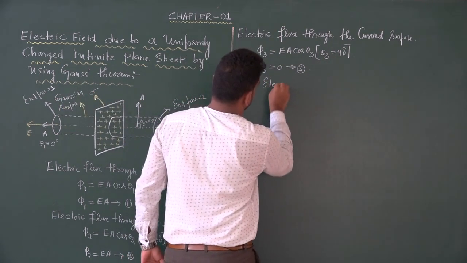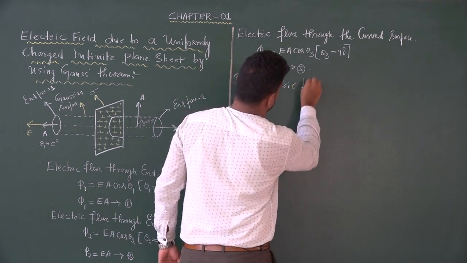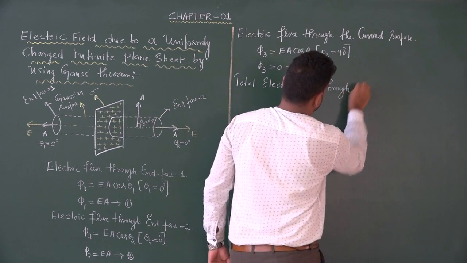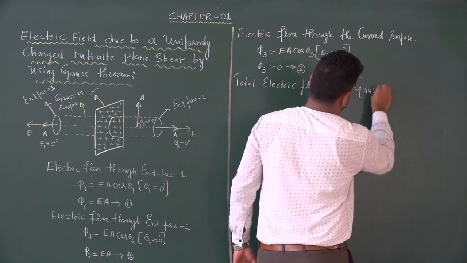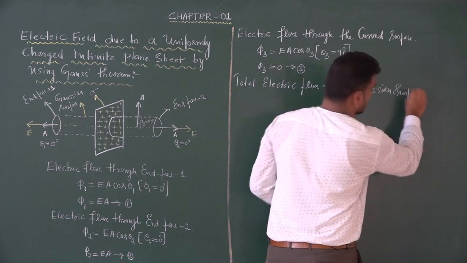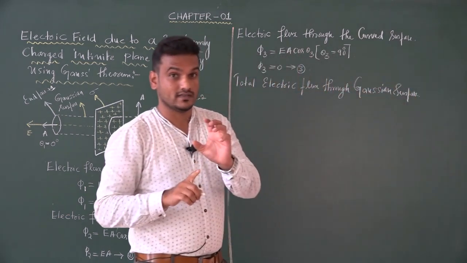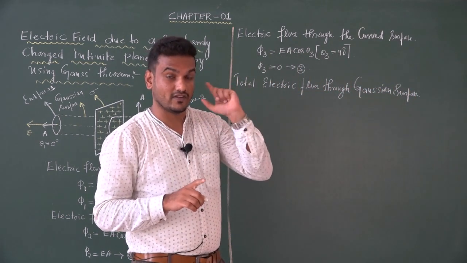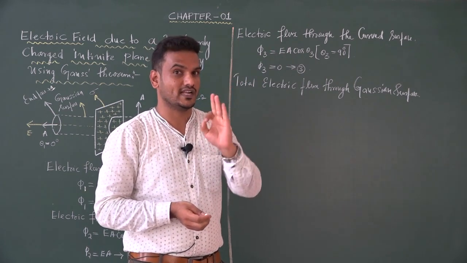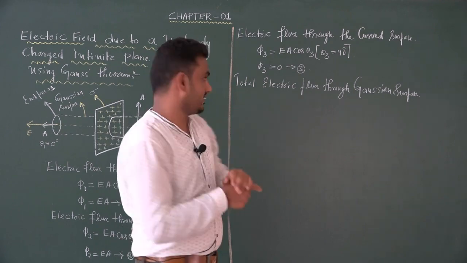Then what is the total electric flux through the Gaussian surface? We need the total electric flux. Why? Because just remember the statement of Gauss theorem: Gauss theorem deals with total electric flux through the closed surface.